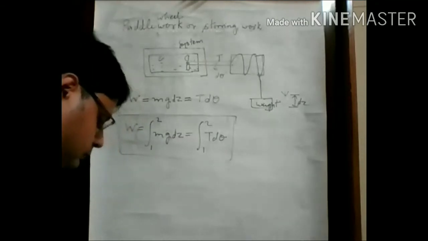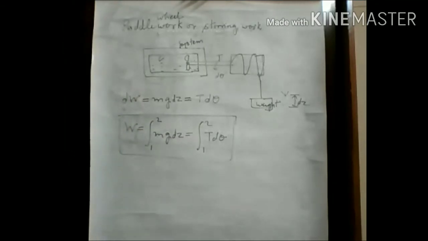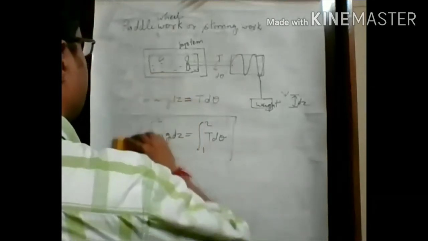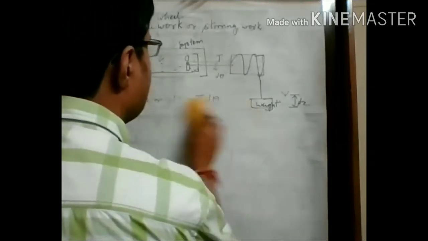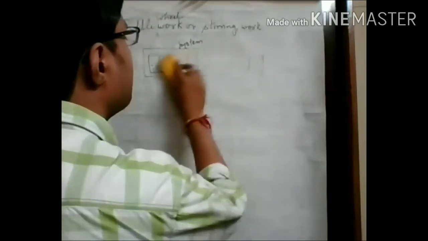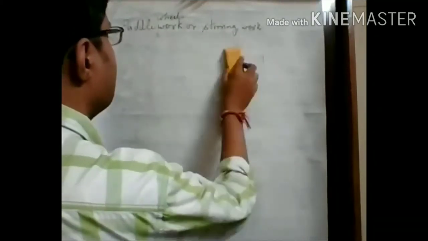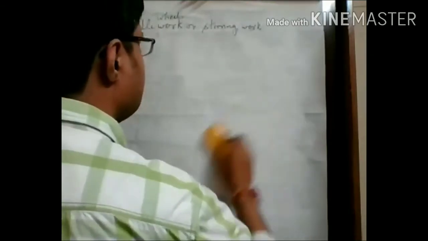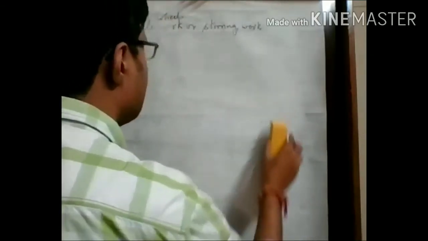Okay, this is the problem. Firstly, I'm trying to draw a figure of this problem. By this you can understand exactly what the problem is asking. Okay, so this is the figure.